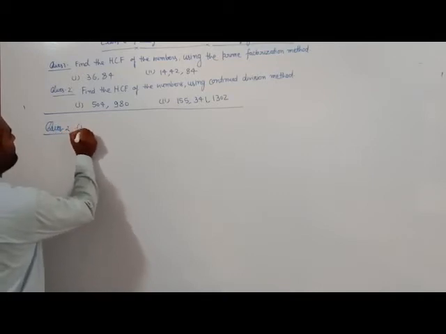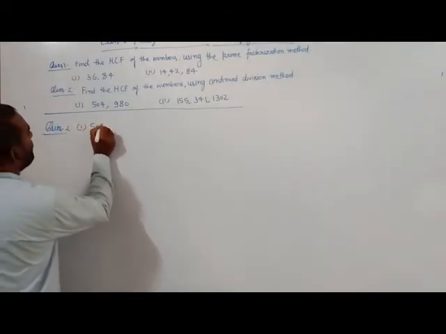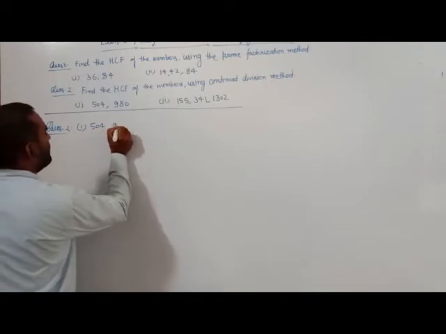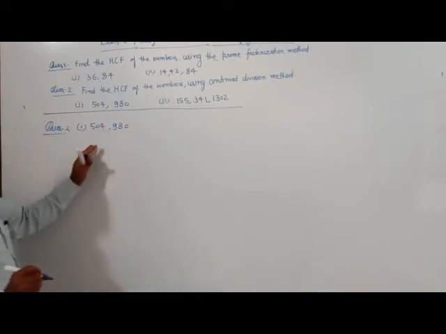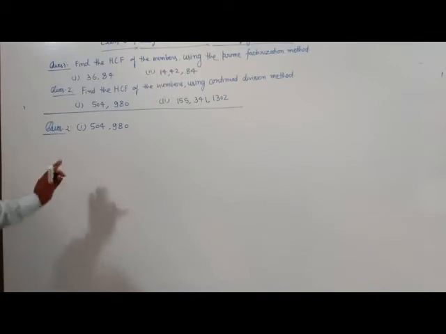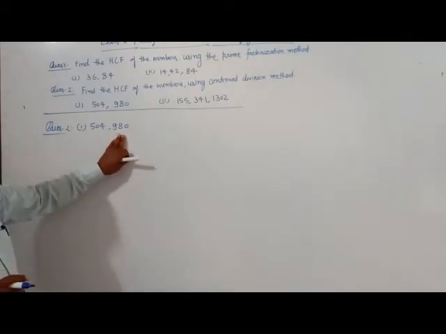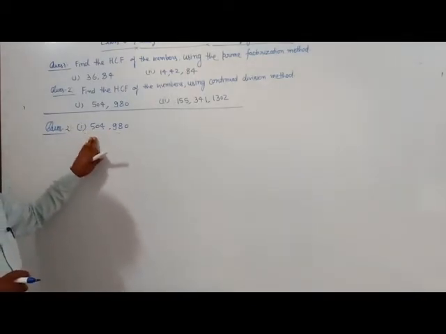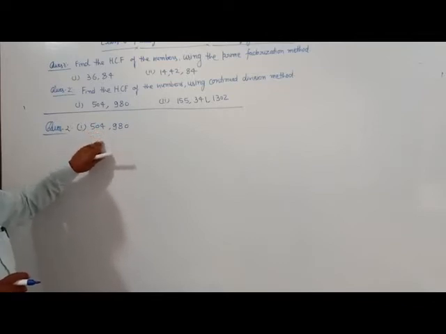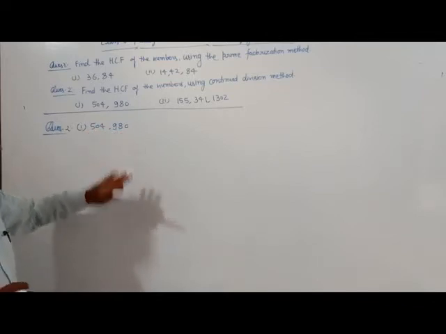Option first is 504 and 980. In this you have to divide 980 by 504 because this is the smaller number and this is the greater number.